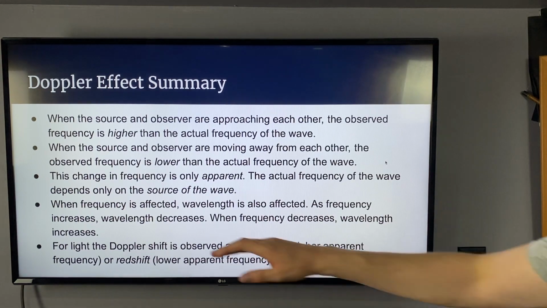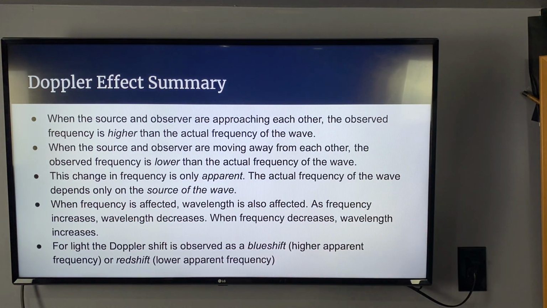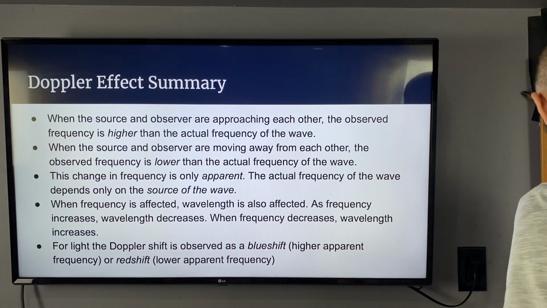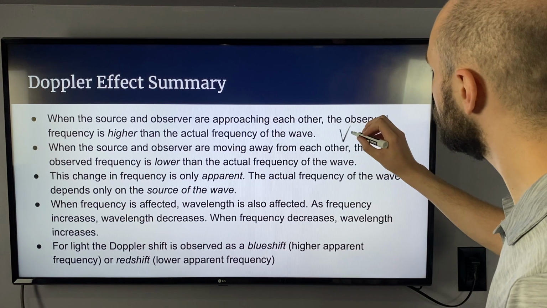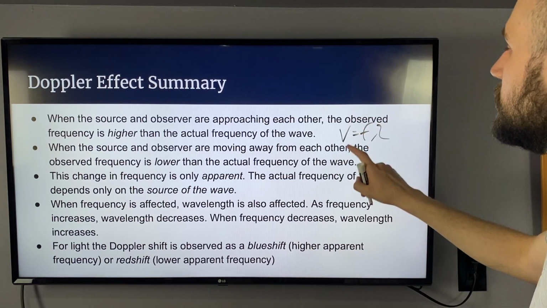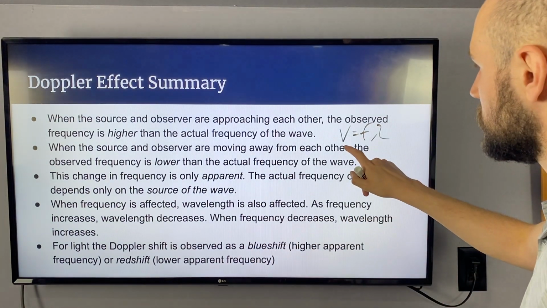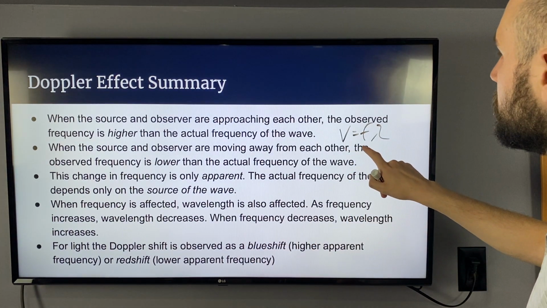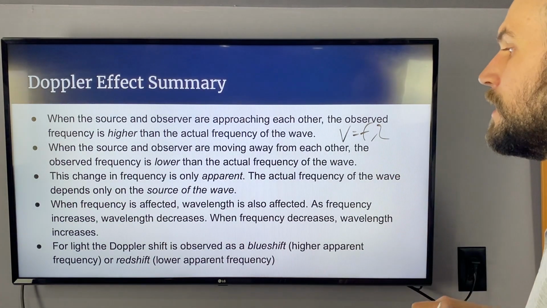And something that I mentioned before, when frequency is affected, wavelength is also affected. They're related to one another based on that equation that we saw in a previous video. V is equal to f lambda, right? Speed through the medium doesn't change, or speed through the universe doesn't change. So if we change the frequency, we are also changing the wavelength.